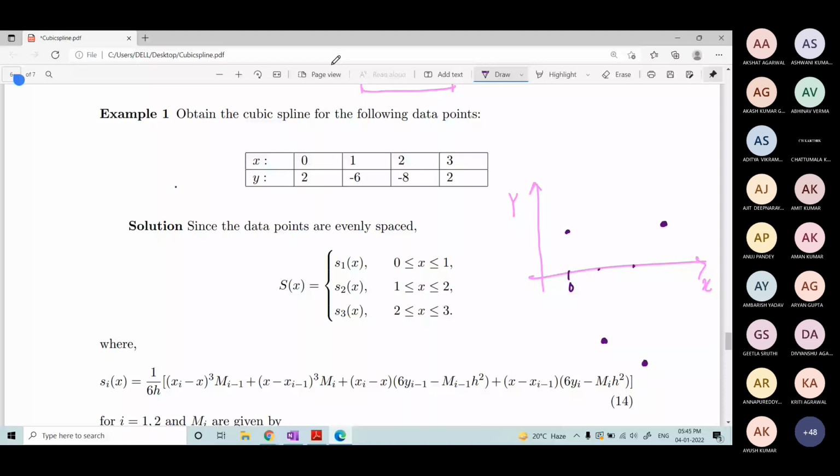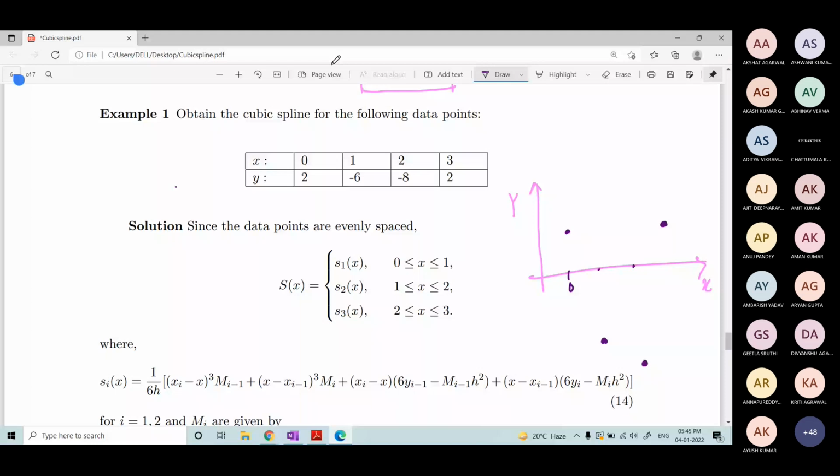So here you have obtained the cubic spline interpolation passing through the 4 data points. Each piece is a cubic polynomial. For 4 data points, we have 3 subintervals, so we'll get 3 pieces.